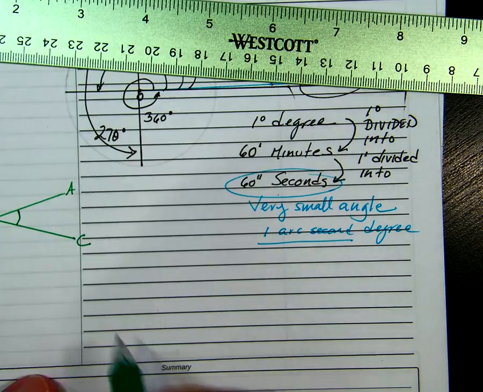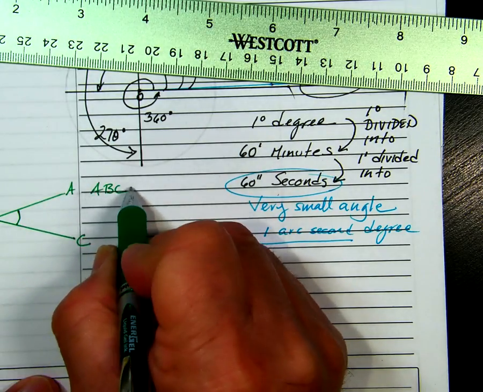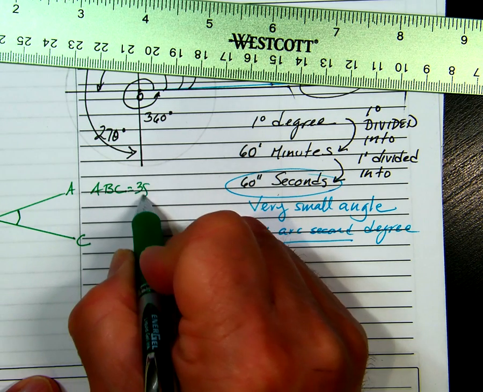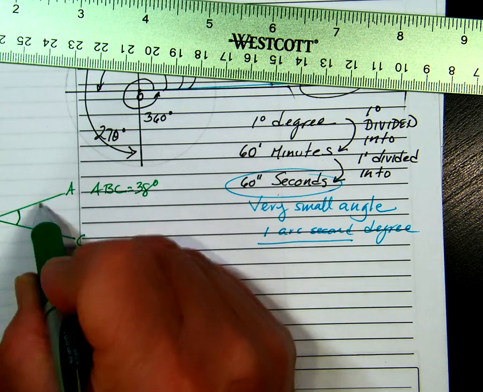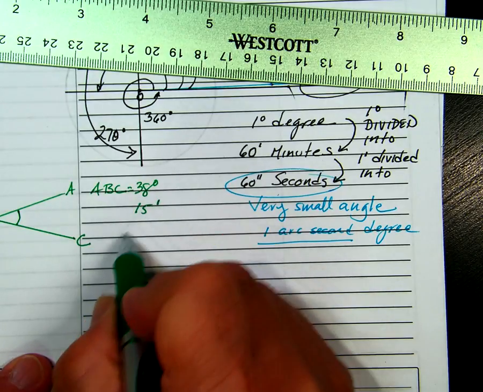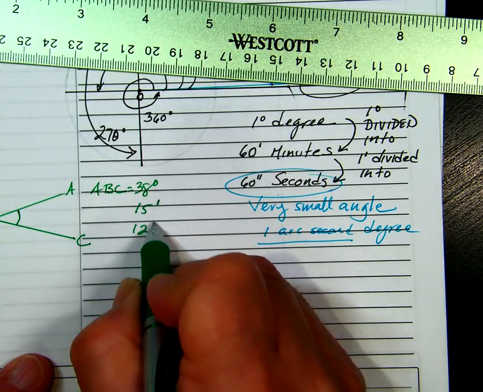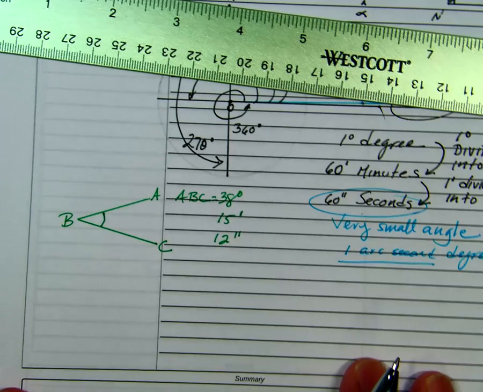So you could say ABC is equal to 38 degrees. If it was 38 degrees, I don't know, I'm just kind of guessing at that. 15 minutes, 12 seconds. That would be an accurate measurement of that particular angle.